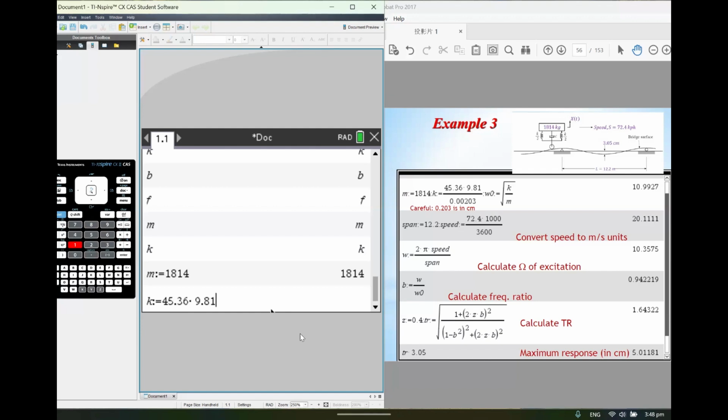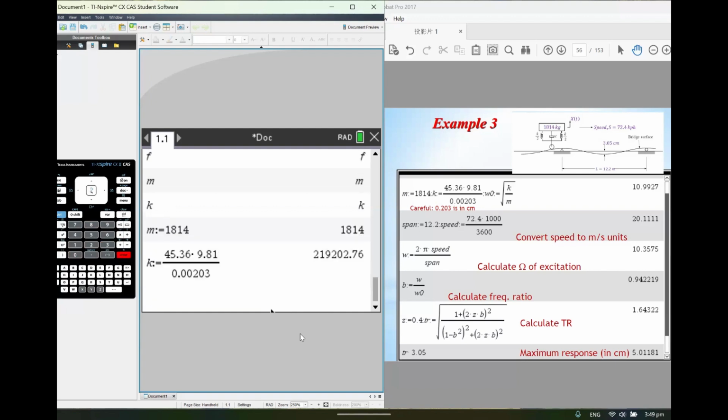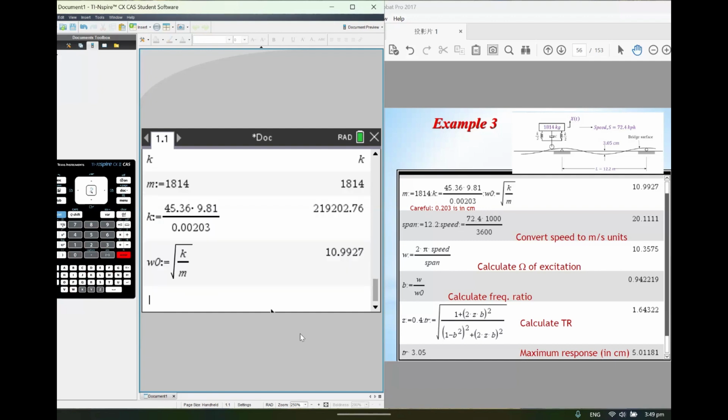And that turned out to cause a deflection of 2.03 cm, which is 0.00203 meters. So in newtons per meter, it's this much. And omega 0 then, since K and M are both determined, we can compute it as usual. It's the square root of K over M. So this is a number.